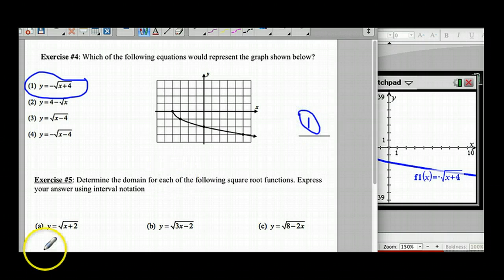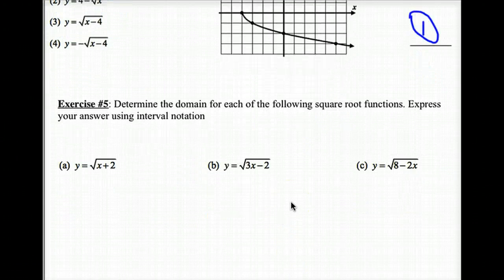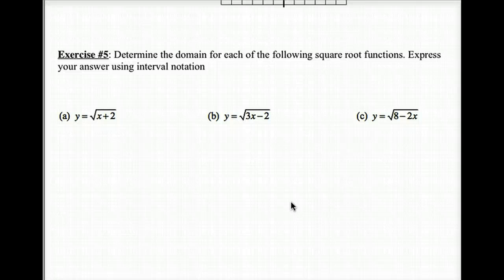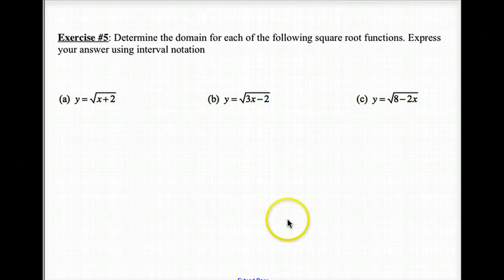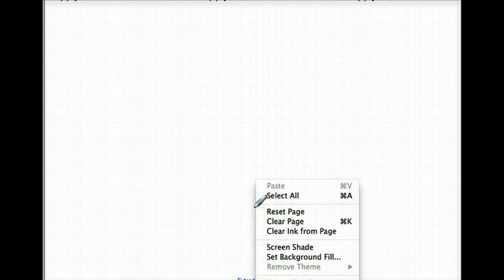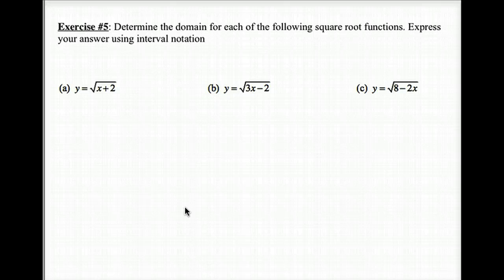There you go. So for exercise 5, it says determine the domain of each of the following square root functions and express your answer in interval notation. So where did it go? Here we are. First thing, interval notation means I have, let's say, -infinity to +infinity. That's interval notation. So the first thing I want to do is set this up.